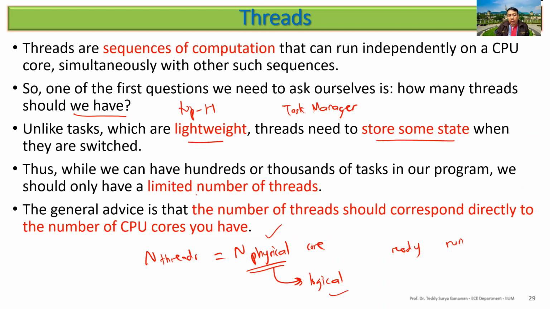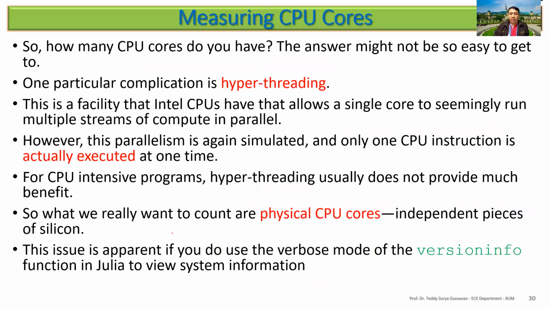We should only have a limited number of threads, corresponding to the number of CPU cores that we have. One particular complication is hyperthreading. Again, this is simulated because actually only one CPU instruction is executed at one time.